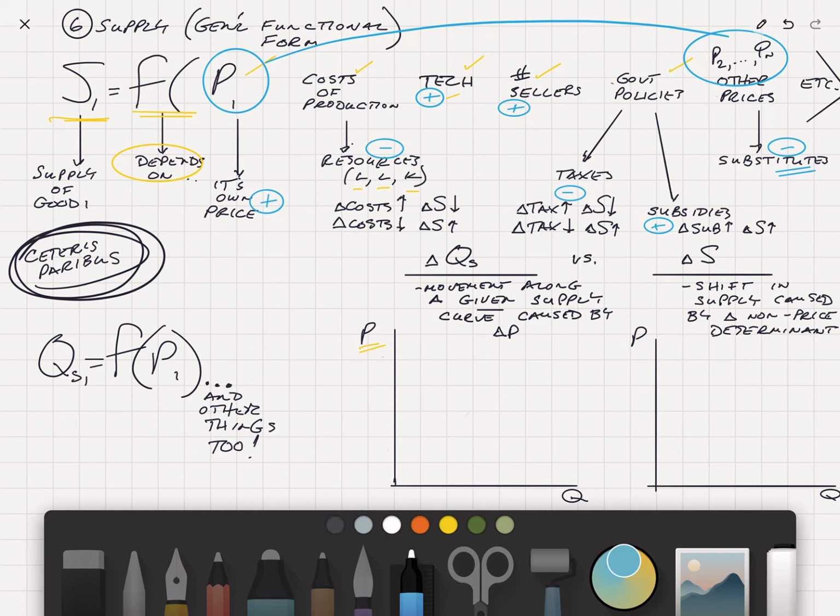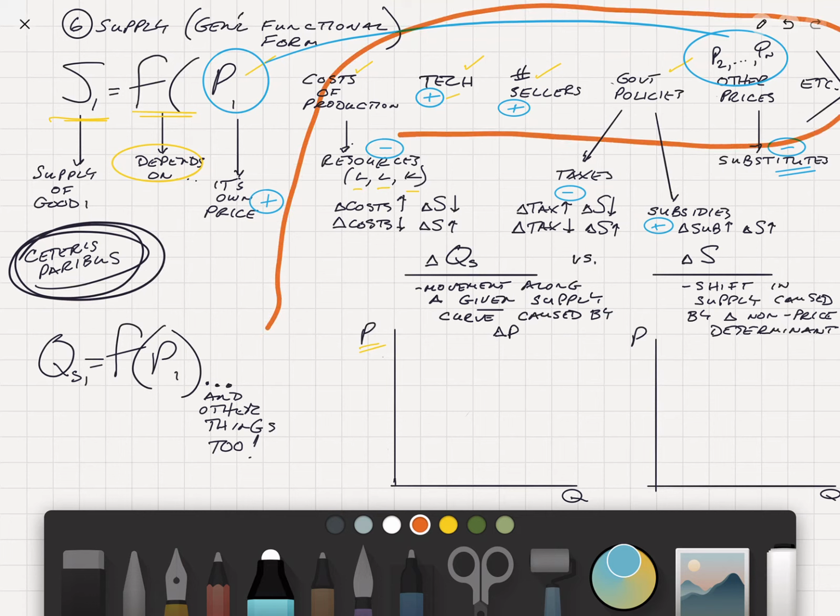When we say other things too, everything to the right of P1 becomes what's called a non-price determinant.